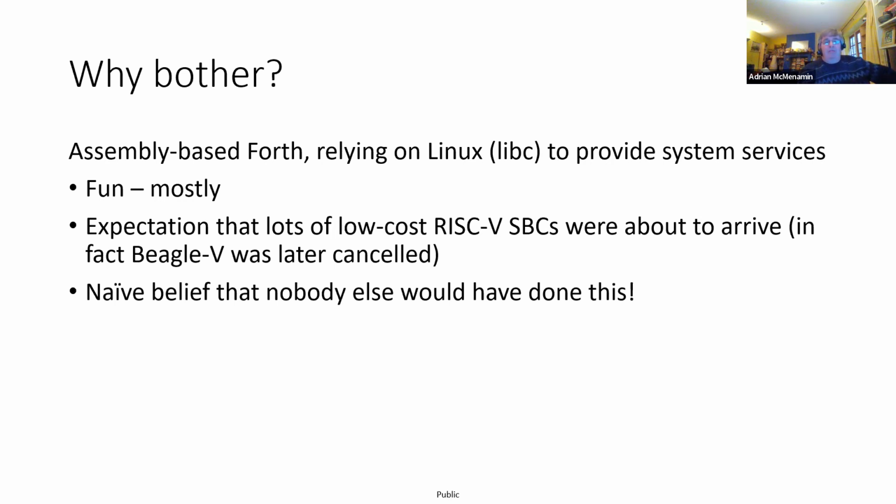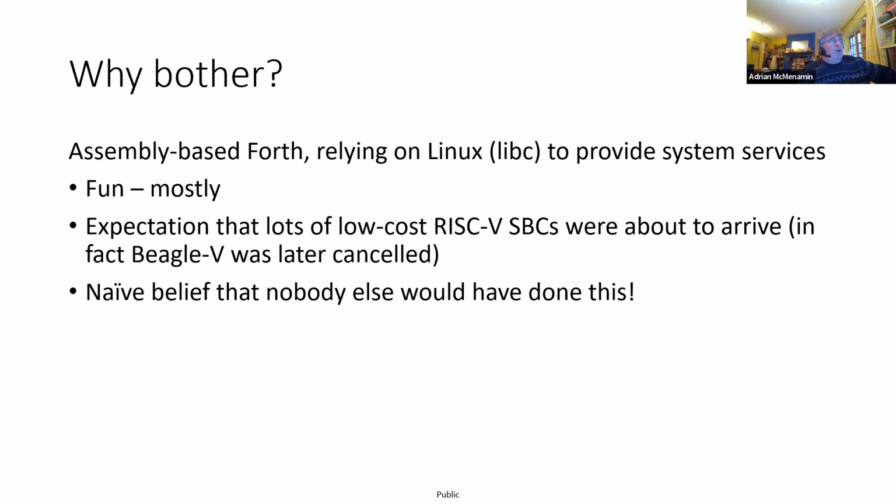There was a big fuss in January last year about Beagle 5, which was going to be the first low-cost, mass-produced RISC-V SBC. Unfortunately, although prototypes were made for that and they were sent out to be tested, that project has been cancelled, though there is hope that we're going to see other RISC-V SBCs in the year ahead.